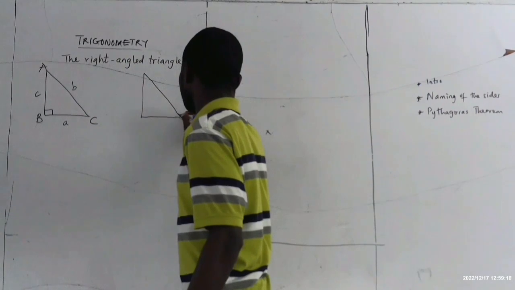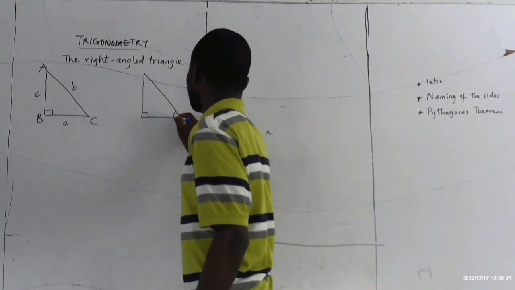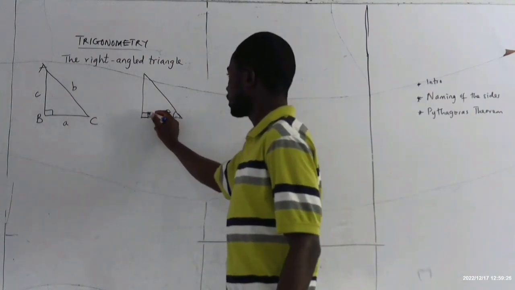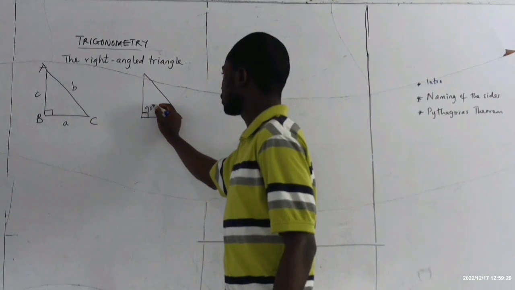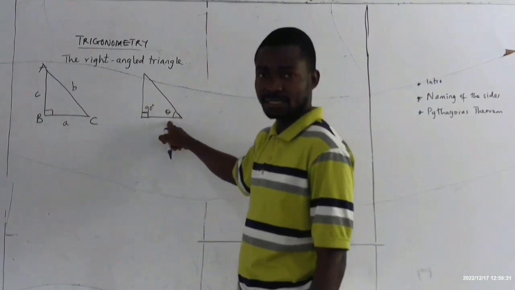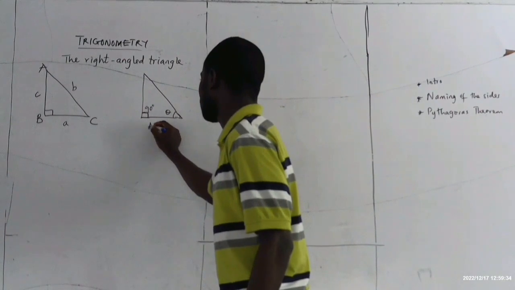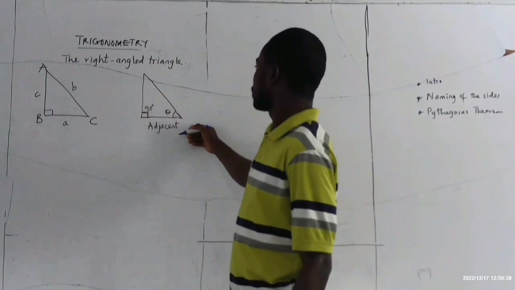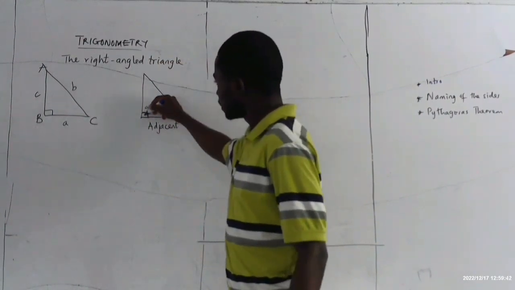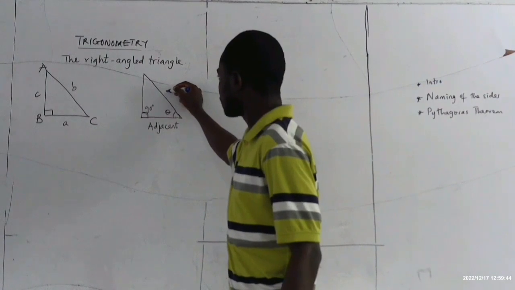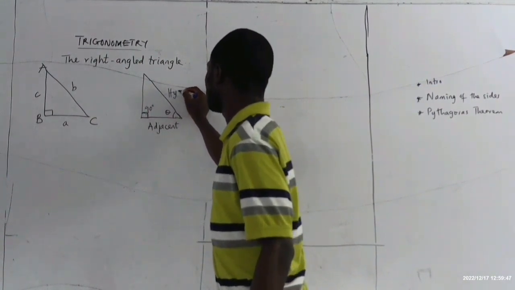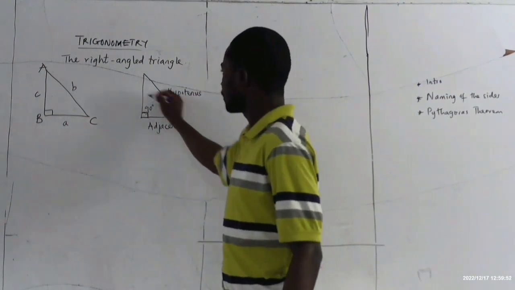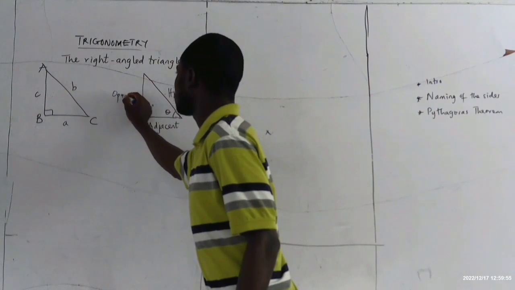Now if you have a right angle triangle this way, and an angle is given here, that is the angle of reference. The line linking the 90 degree box and this angle given is called adjacent. Now, the side facing 90 degrees is called hypotenuse. And the side facing the angle given is opposite.